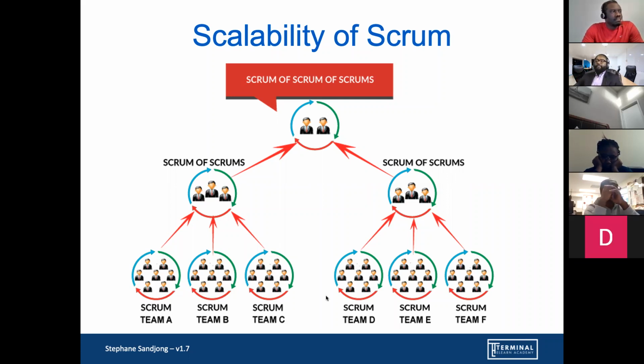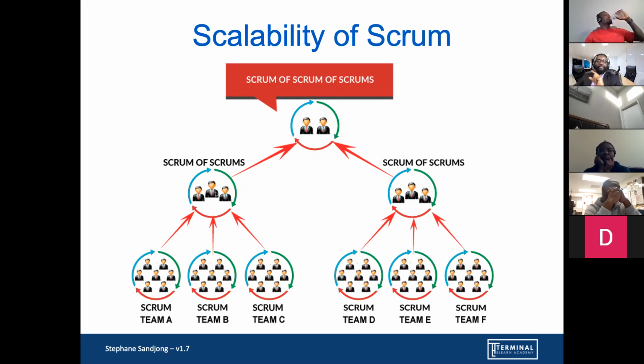And the 6 teams are going to be sending one representative to the Scrum of Scrum, which allows those teams that are working on the same project to get together and handle and plan their dependencies.